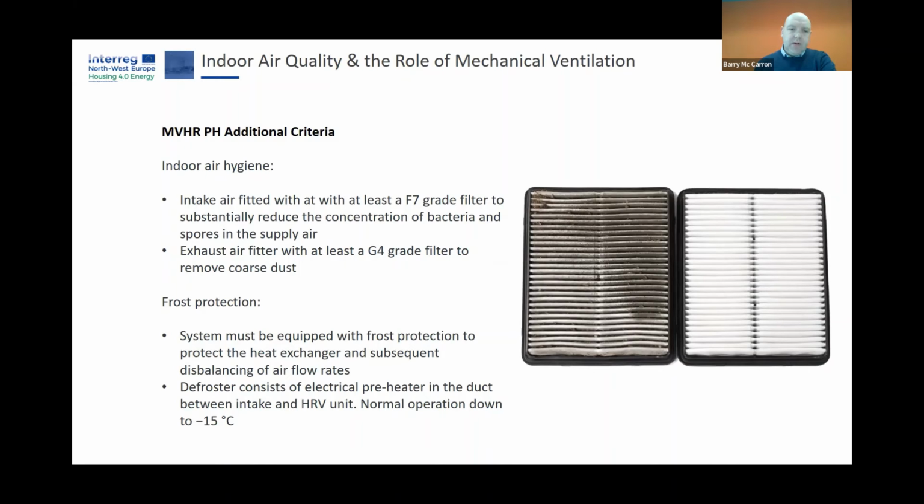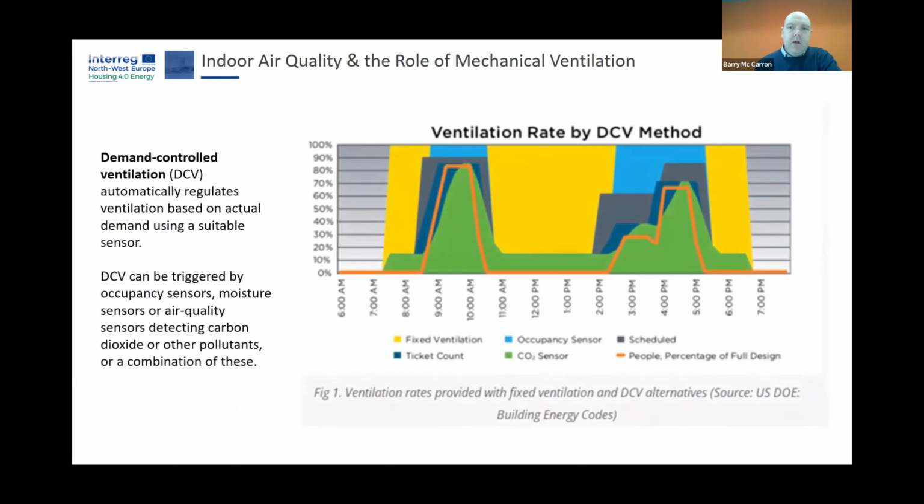And then the other thing to say, and it doesn't really apply to us so much in Ireland at the moment, they have frost protection as well. So if the outside temperature got really, really low, they're able to switch on a frost protection, which protects the heat exchanger on the incoming air.